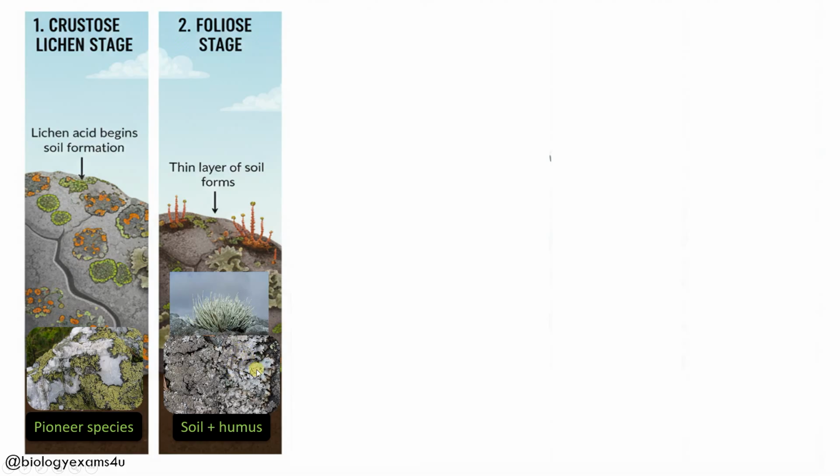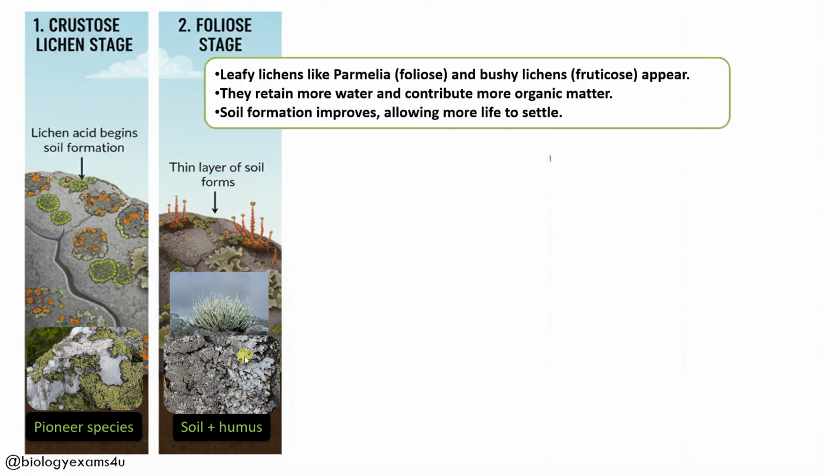There are leaf-like structures or thallus that is emerging out from the rock. Along with this foliose lichen, there will be fruticose lichen or bushy lichens like this. They retain more water and contribute more organic matter, adding humus, improve soil fertility, allowing more animals or organisms to settle. The amount of soil increases at each stage along with humus.